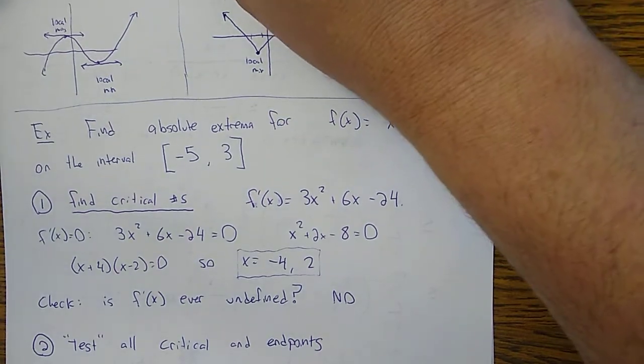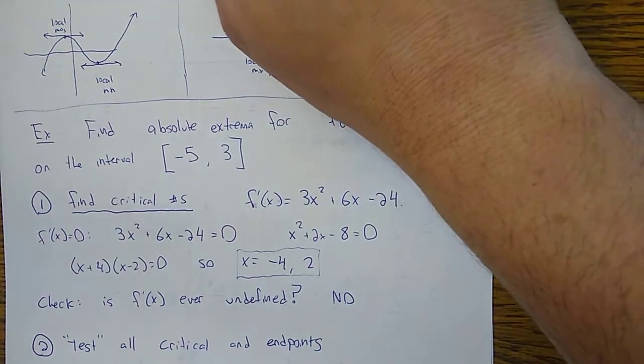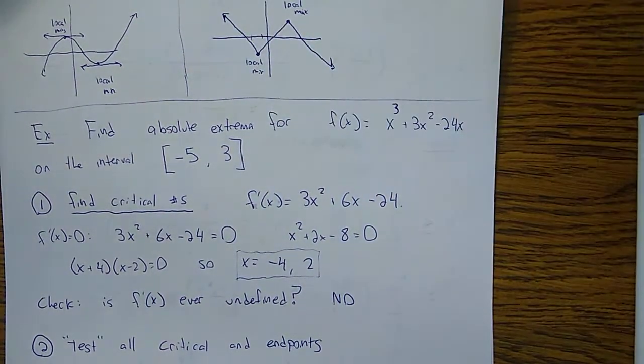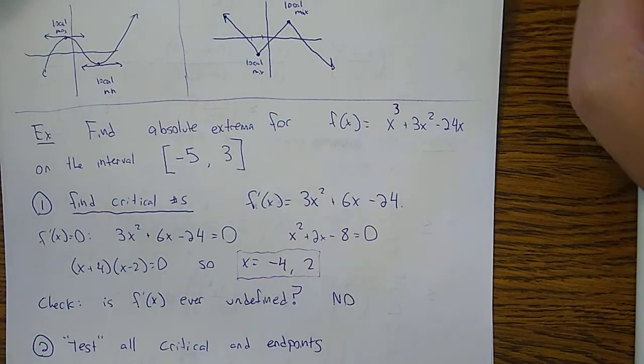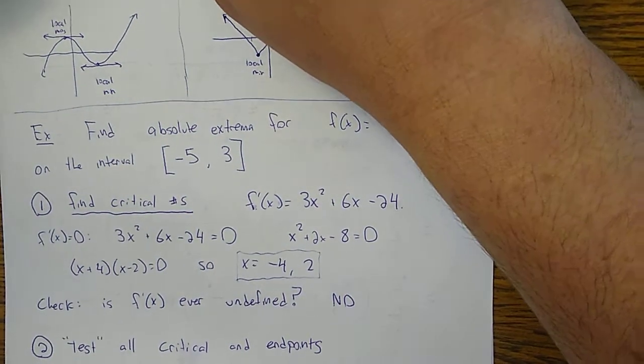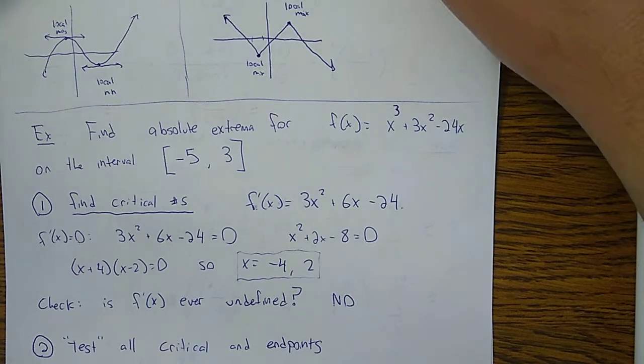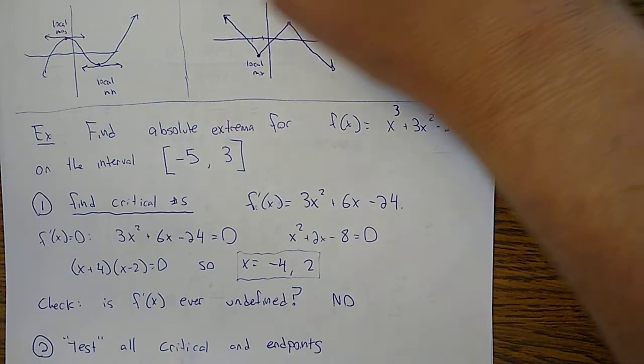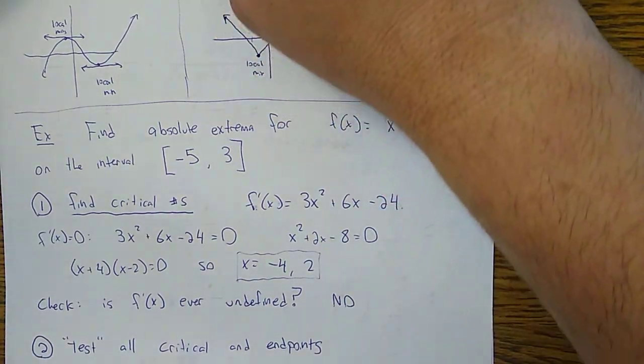So I'm putting in the function, squared minus 24x.